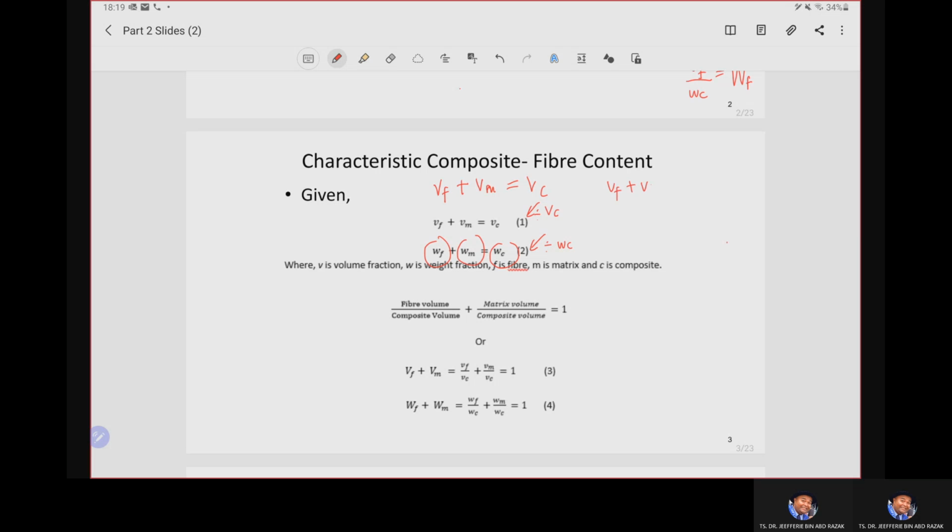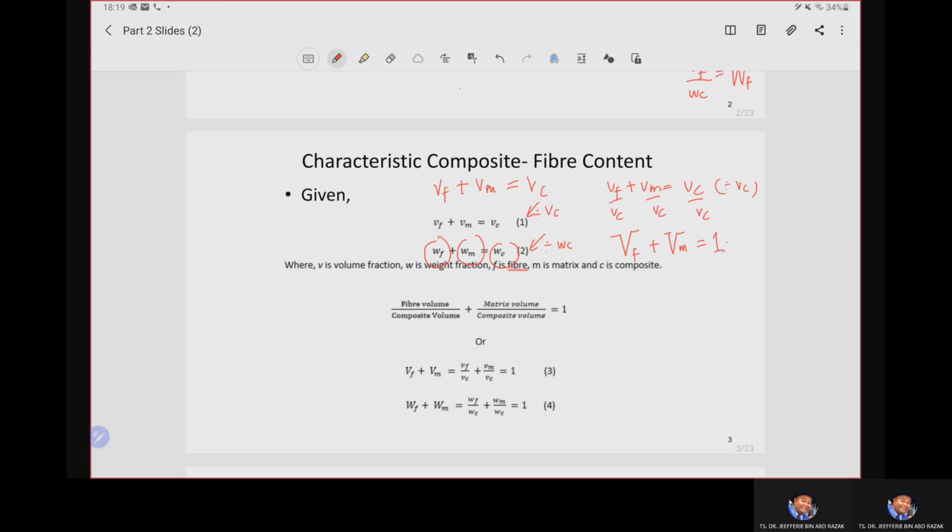VF plus VM equals VC. When we divide with VC, VM over VC, and VC over VC, we will have the capital VF, the volume fraction of fibers, plus the volume fraction of matrix equals 1, unity.